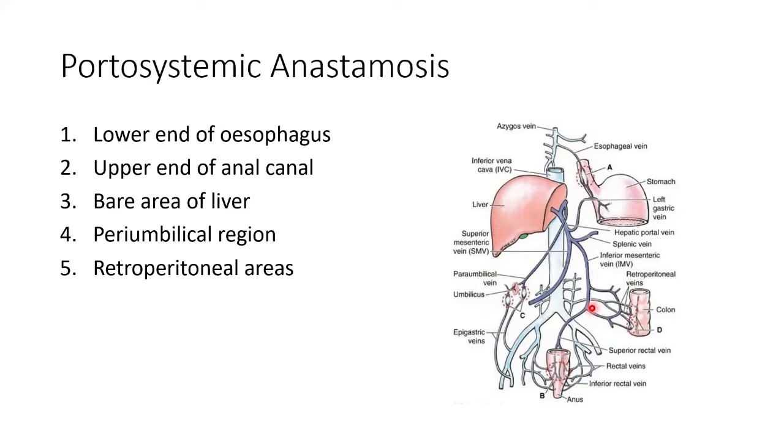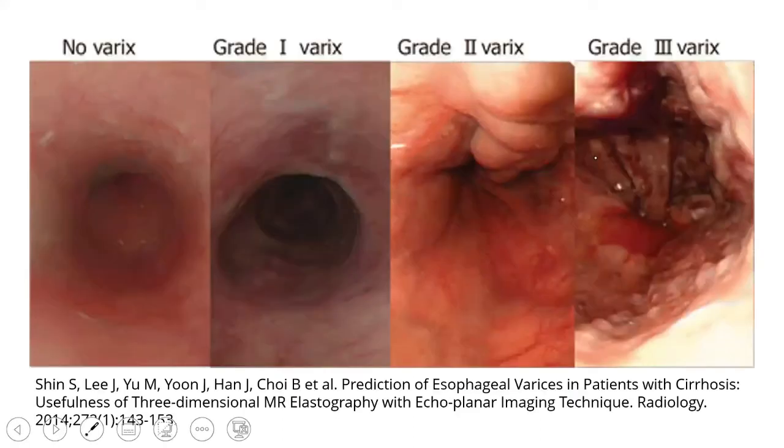So you can read up on all these, but I will tell you one example. Here in the lower end of the esophagus, these veins dilate and result in esophageal varices. In this image, this is an endoscopic view where you enter a camera through your mouth into the esophagus.